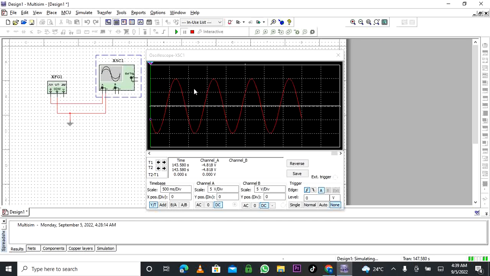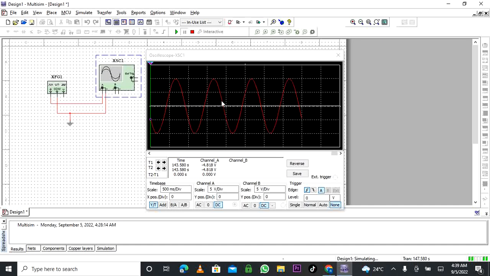So one full cycle is 2 divisions at 500 milliseconds per division. So we know that this is about 1,000 milliseconds, or 1 second, period for this particular signal, meaning that it has a 1 hertz frequency.